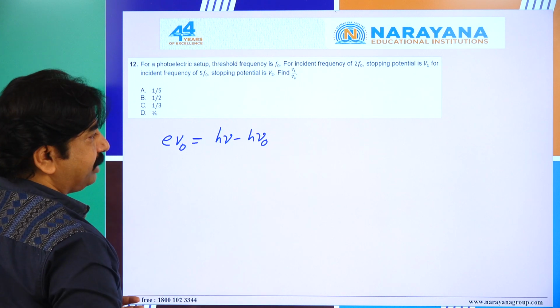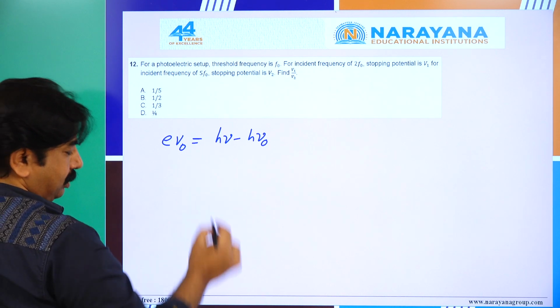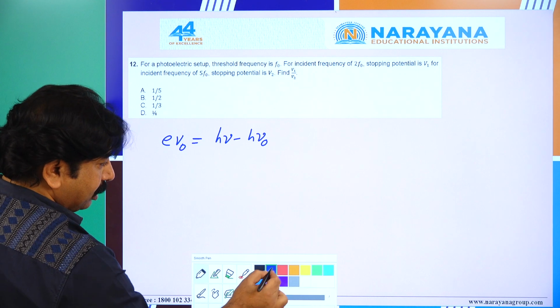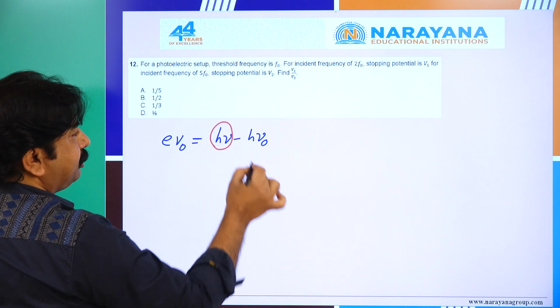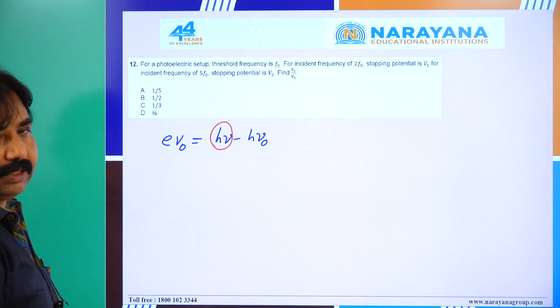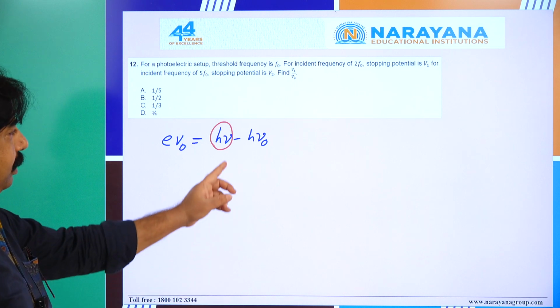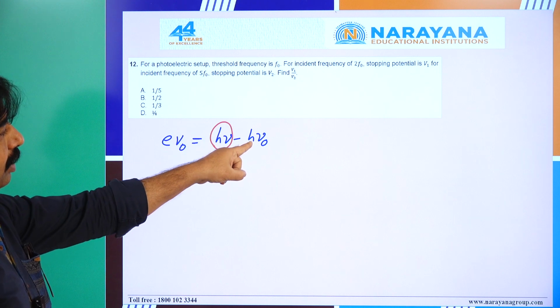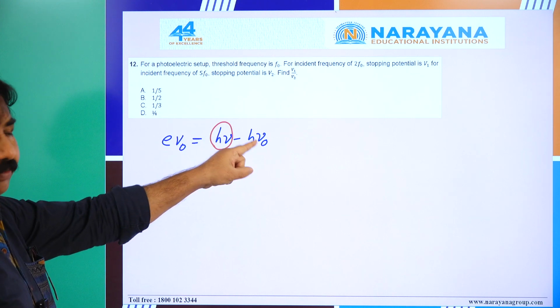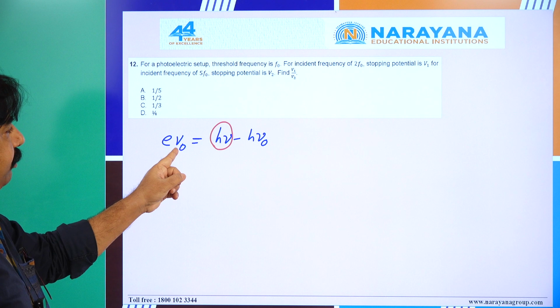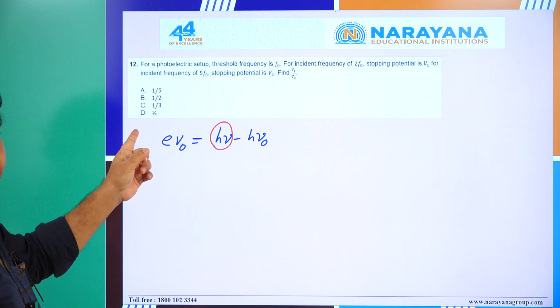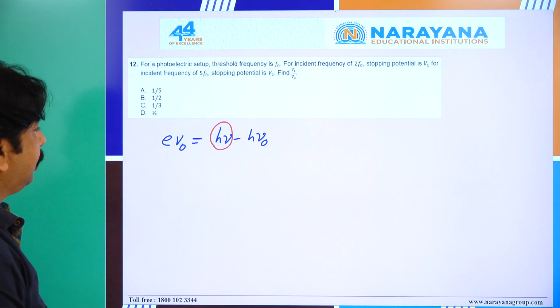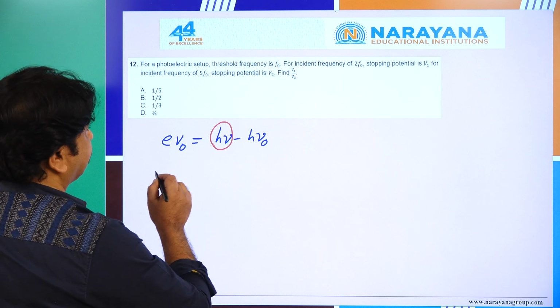Where h nu is the incident photon energy, nu is the frequency of that, h nu naught is the work function, V naught is the stopping potential, and e is the charge of the electron. We know. Now I am using those factors only.